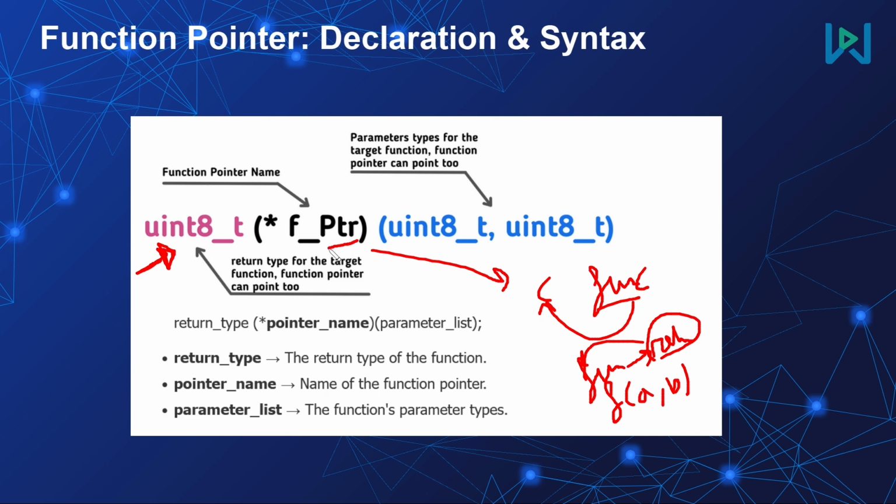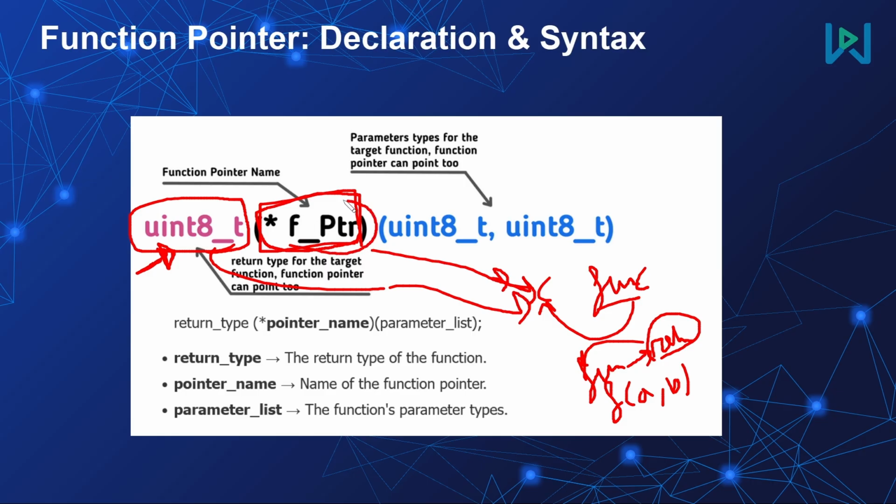Hence, if we are going to declare and define a pointer pointing to our C function, then this function pointer must utilize the same function signature. You need to specify the data type of the returned value, and this one must match the data type of the function that we are going to point to.